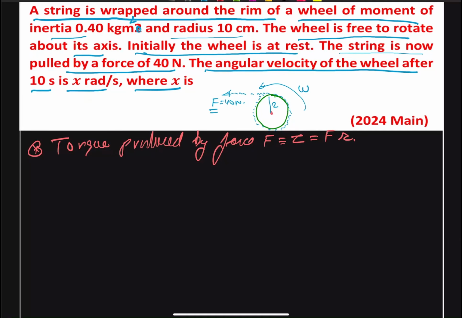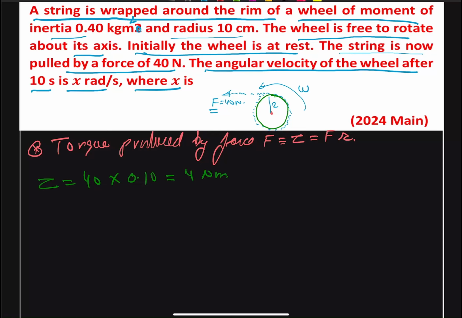Therefore, we can say our torque tau, force is given to us as 40 Newton and radius is about 10 centimeter. So this comes as 0.10, which gives us 4 Newton meter.